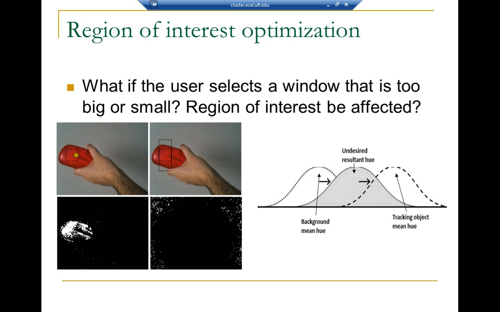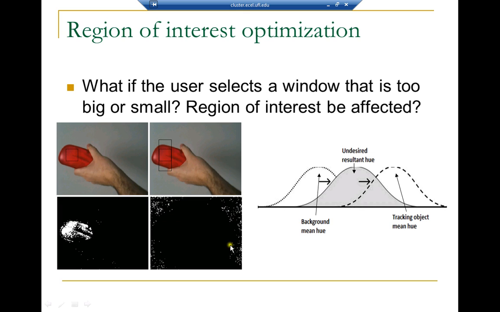Basically, the mean is obtained, and in cases such as this, it produces good results. However, in cases where the user picks a lot of background space or space that is not inside the object of interest, it produces bad results, such as this.